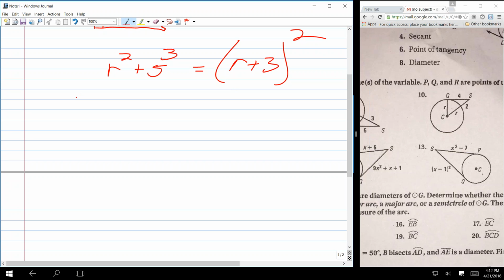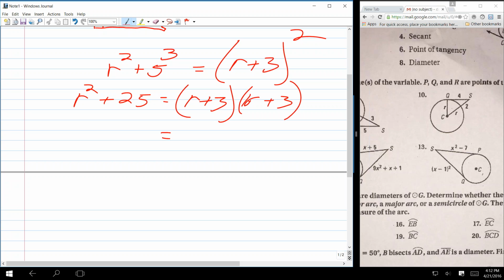What is r plus 3 squared equal to? R squared plus 9. Most common error made in math, made by my previous student, will be made by my next student. Don't make it. R plus 3 squared means this. Now FOIL those 2 together.